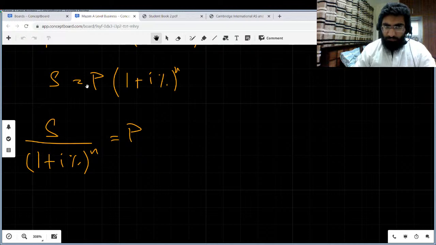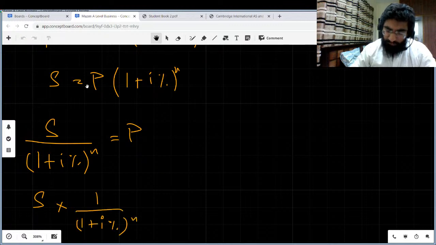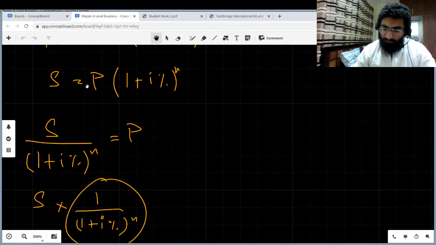You can also write S into 1 over 1 plus I percentage raised to the power n, and this thing is called the discount factor.